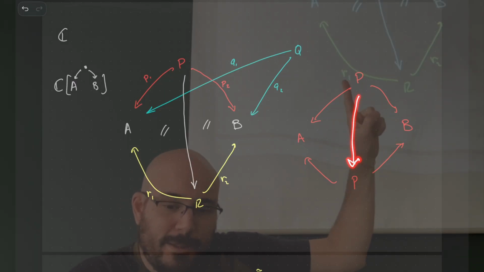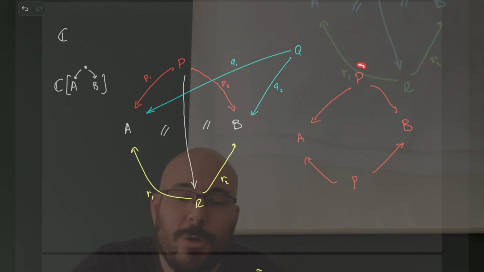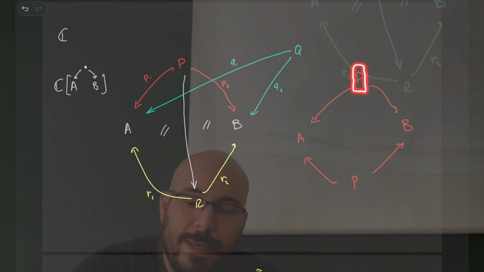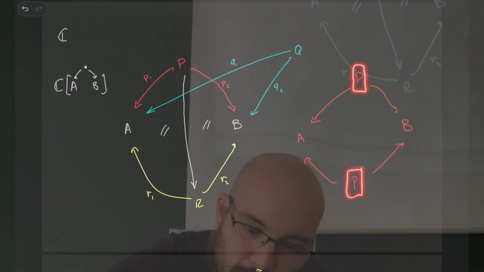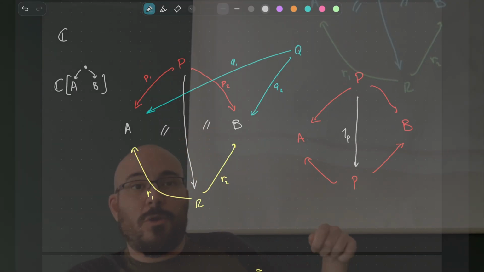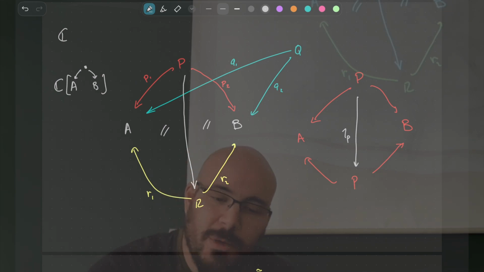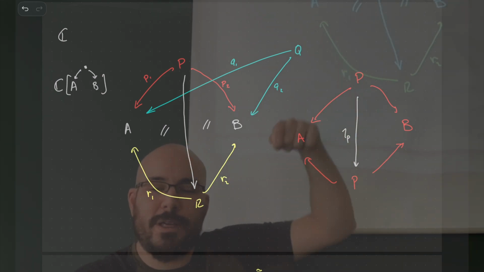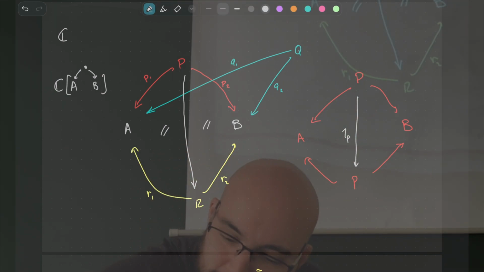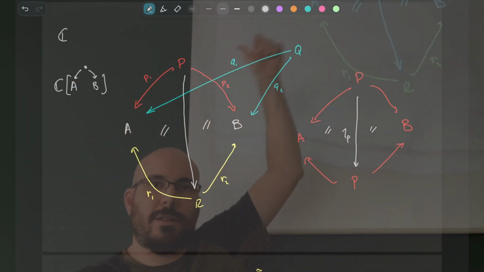The identity. So first of all, why is there an arrow in the original category from P to P? Because identity guarantees that. There is this arrow here, the identity on P. Why is this an arrow in my new category? Because remember, it's not just any arrow, these things need to commute in the original category. And they do thanks to the identity laws in the original category.